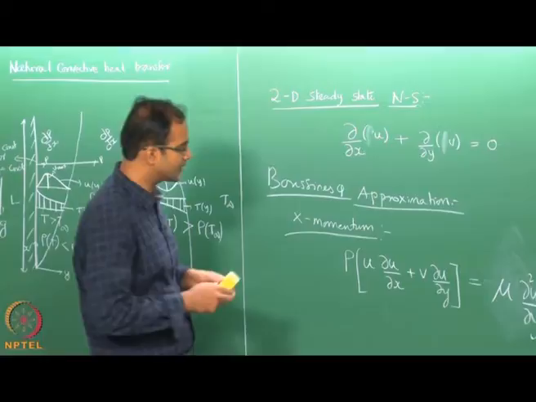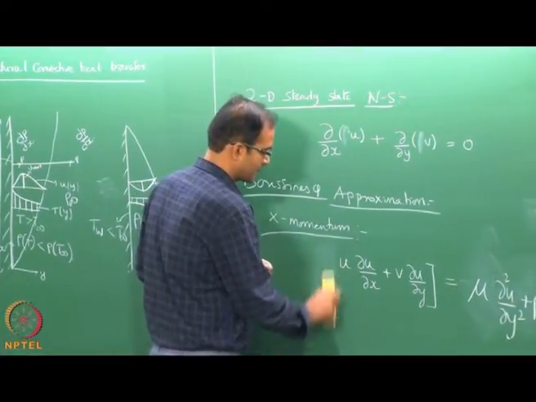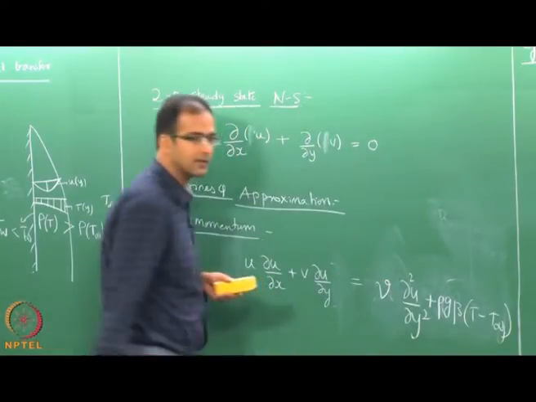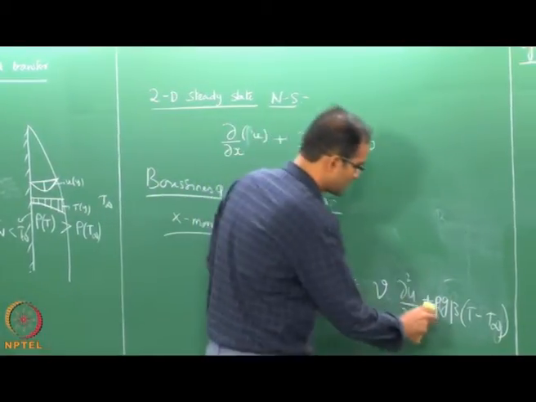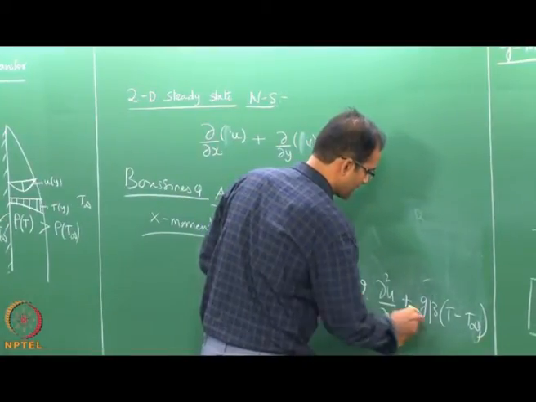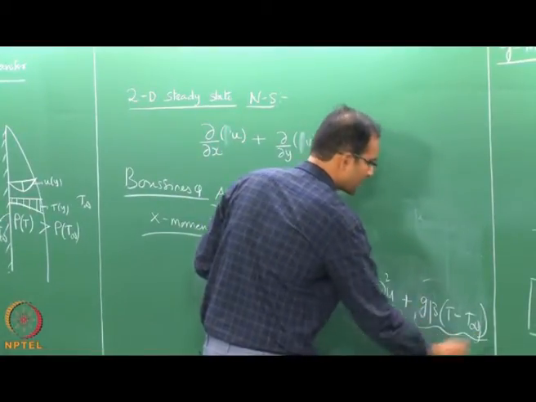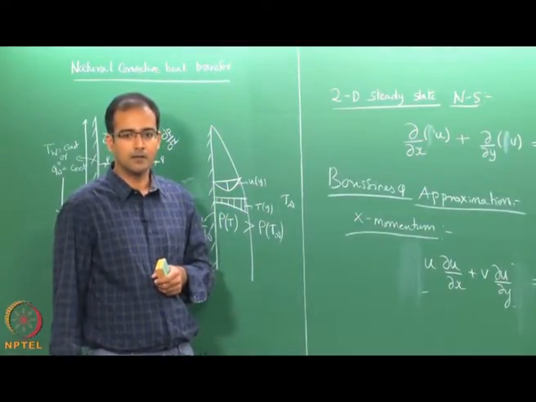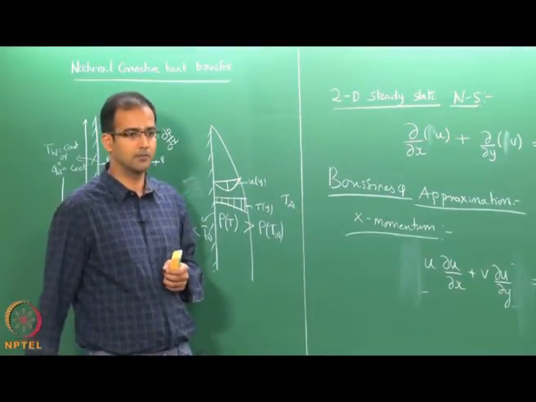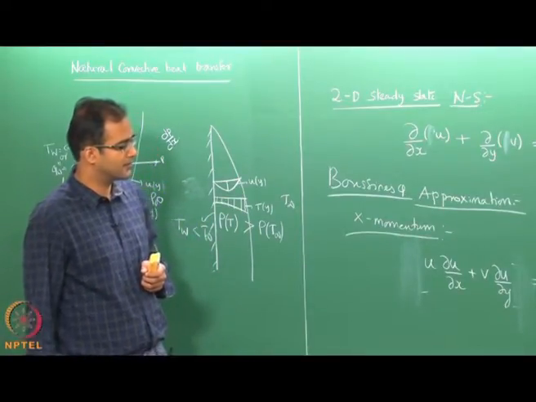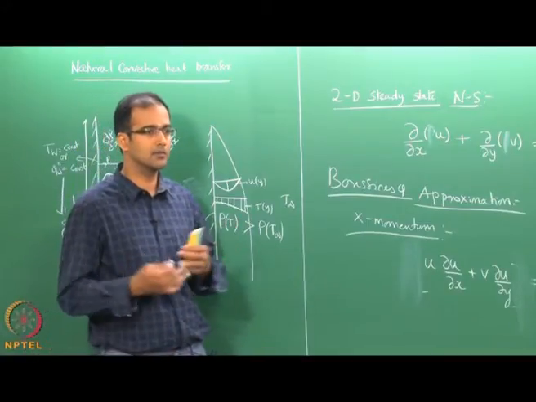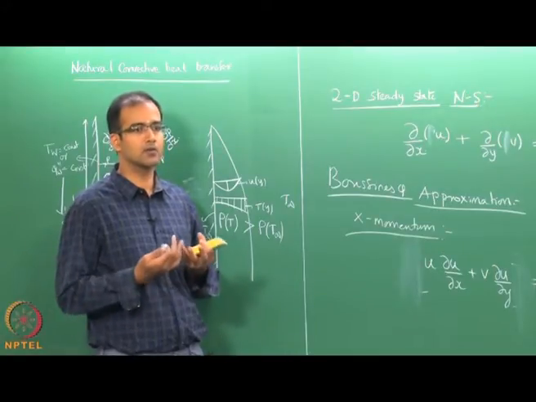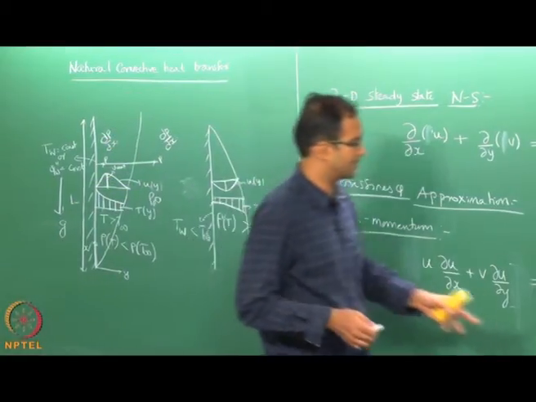Now if you divide throughout by rho, this looks similar to your external forced convection boundary layer equation, except the last term, which is g beta into T minus T infinity. So, this is your buoyancy term or body force term. If your temperature difference is 0, there is no natural convection boundary layer, and the boundary layer grows because of this temperature difference.